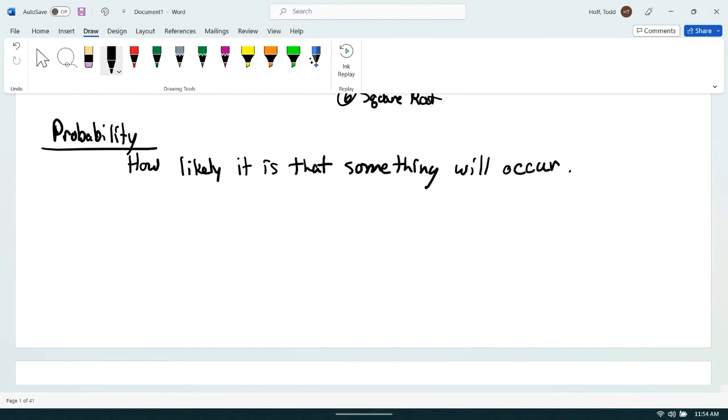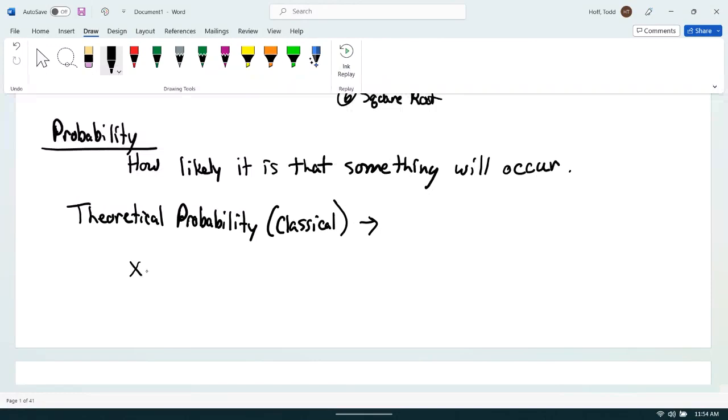There are a couple of different thoughts on probability, versions of probability. Mostly, we use what's called a theoretical probability, sometimes called classical probability. That is the probability of an event occurring.